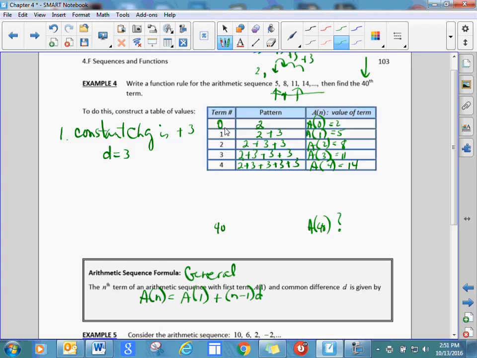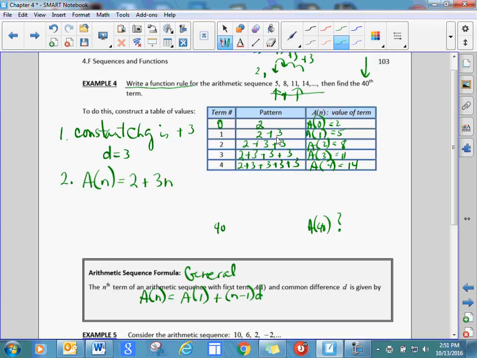We talked about going backwards to the zeroth term. And if we look at this function rule right here, if I actually wrote the rule, write the function rule. I think I skipped down too soon. I should have done this first. But you guys can bear with me. The function rule for our pattern up here is a sub n equals 2 plus 3 times whatever term you're in.